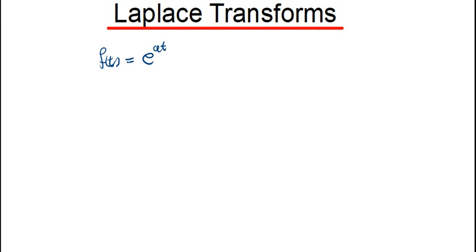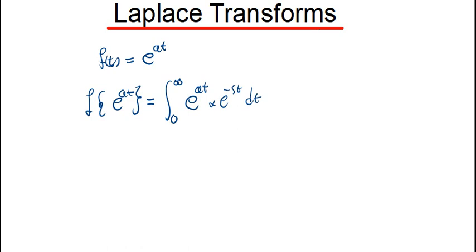Okay, so now we are going to say the Laplace transform of e to the power at equals, you are evaluating from 0 to positive infinity, e to the at multiplied by e to the minus st dt.